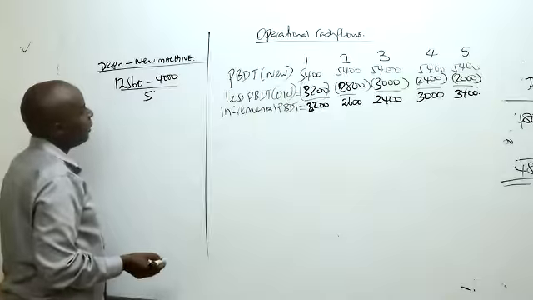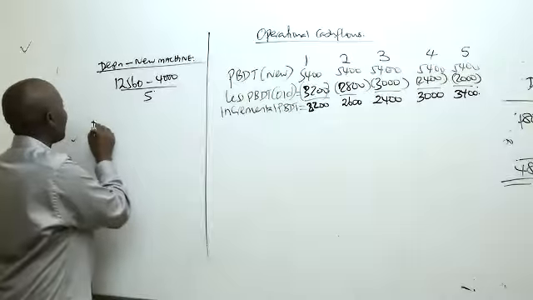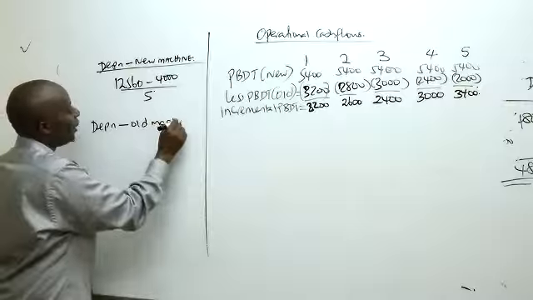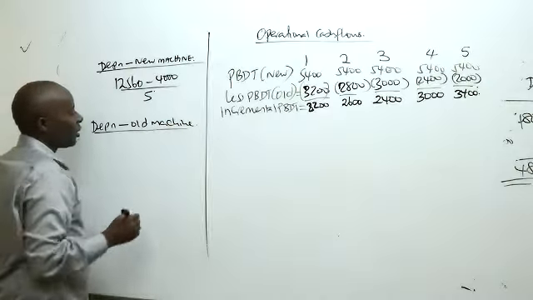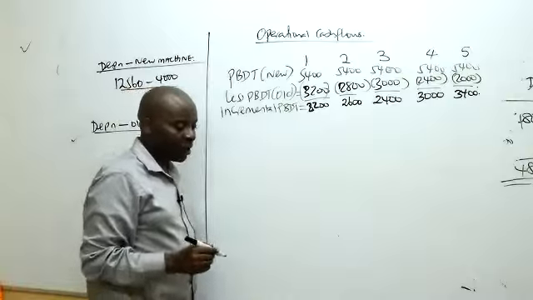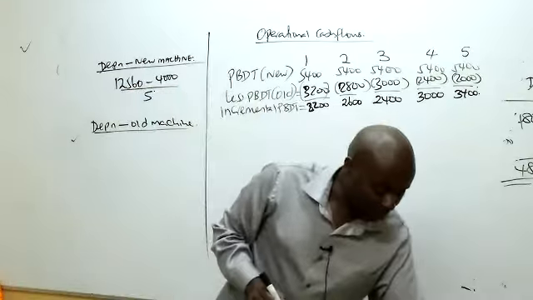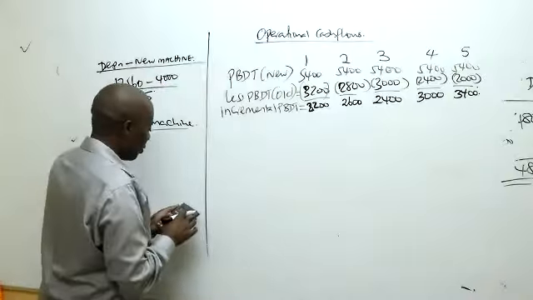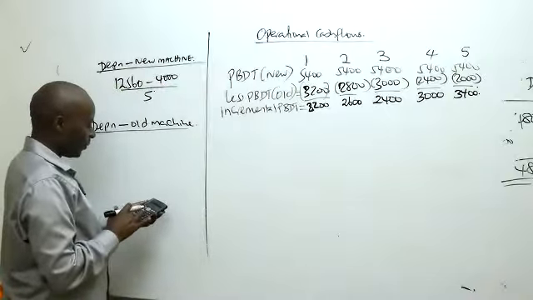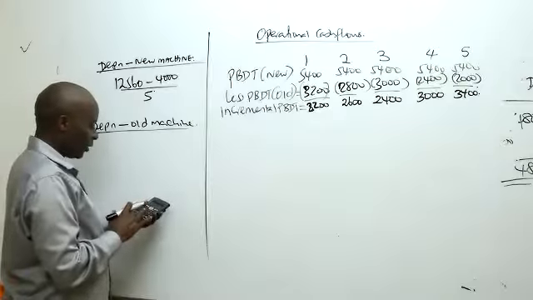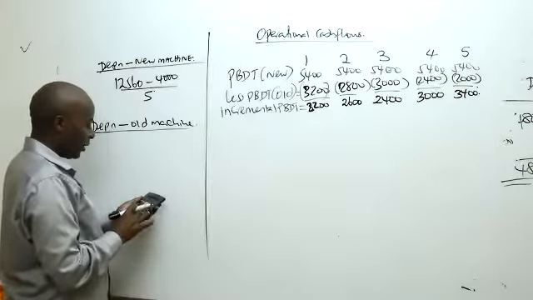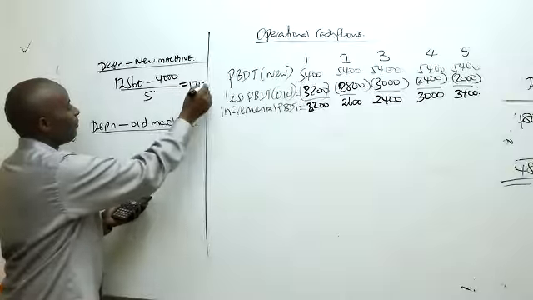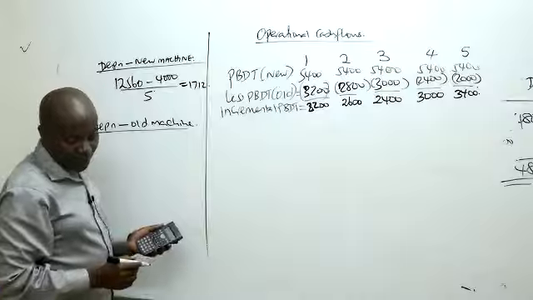This is quite easy. For the new machine, 12,560 minus 4,000 divided by 5 gives me 1712.